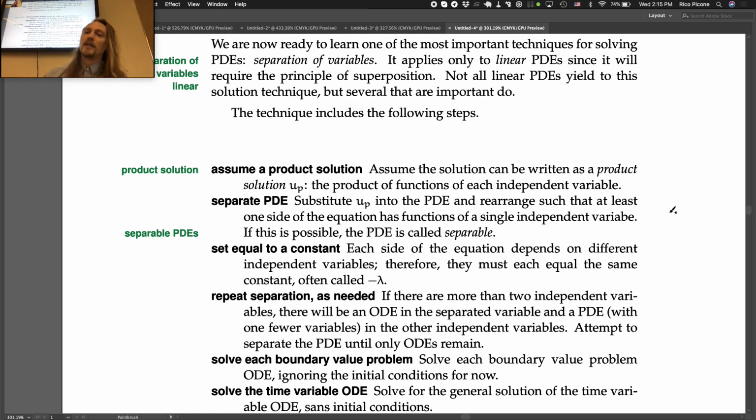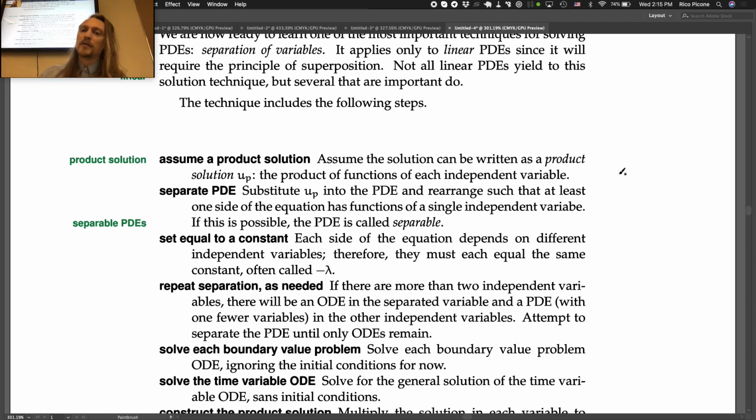So if you've got a spatial variable, little x, you'll say, okay, big X of little x times, say, big T of little t is going to equal the solution u of t comma x. So this is a product solution, and that's something that we'll need to assume to be the case if we are going to use this separation of variables technique.